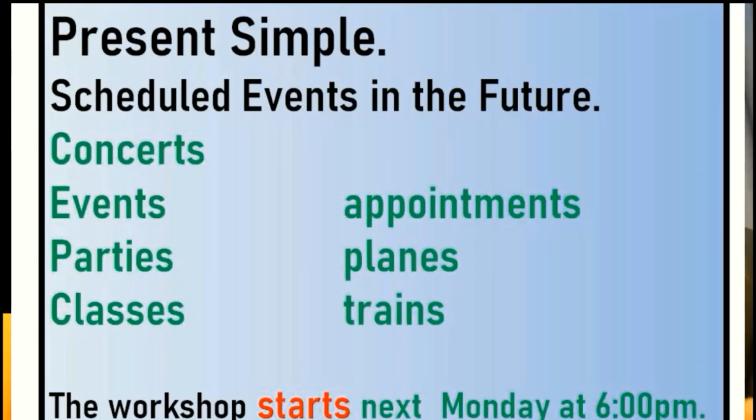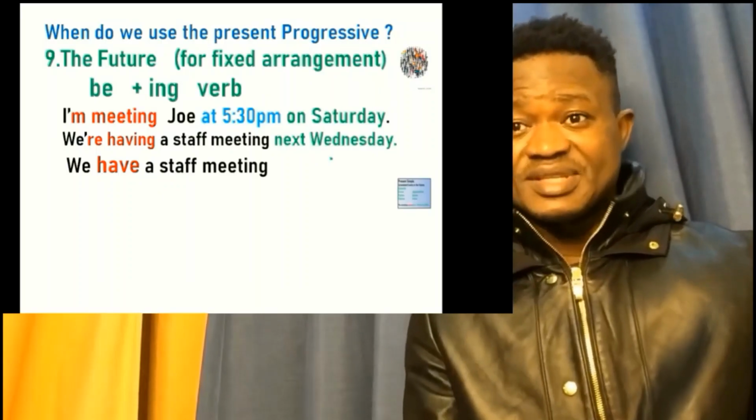Like a concert is a scheduled event, appointments, parties, planes, classes, trains. So the present simple talks about a schedule in the future, while the present progressive talks about a fixed arrangement.